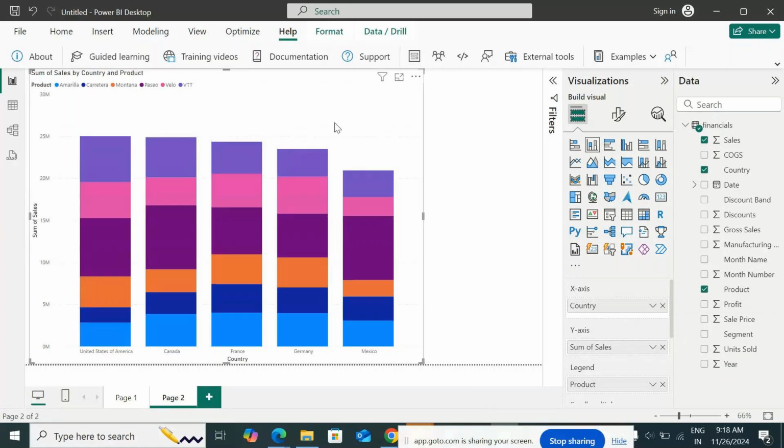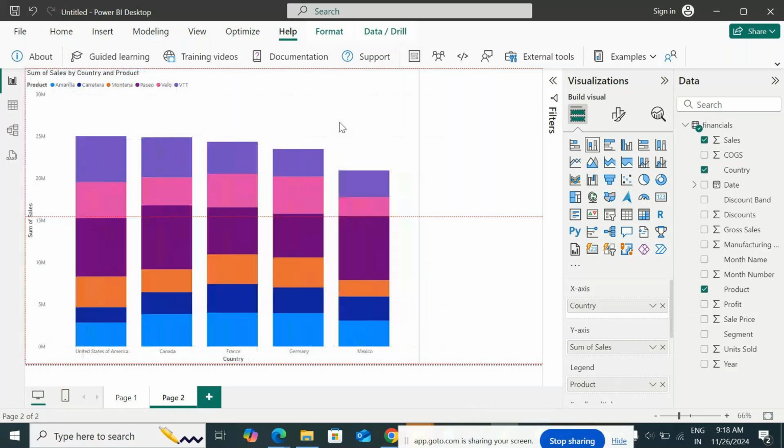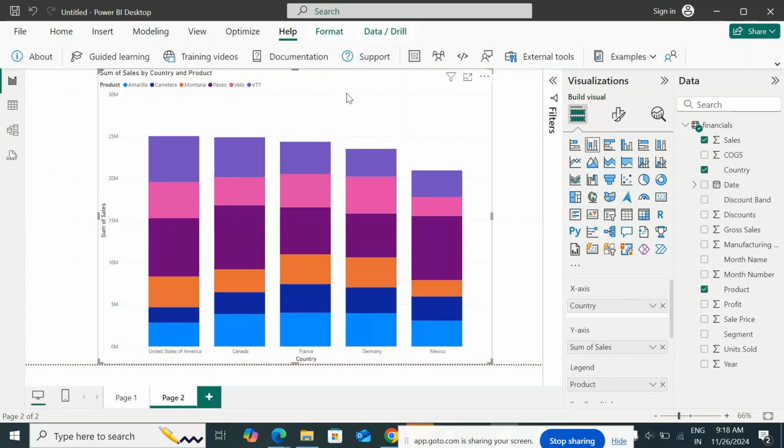If you see this visualization, you can only identify which country is having more sales. United States is having the most sales, Mexico is having the least sales, Germany is the last but one, France is in the third position, Canada is in the second position.